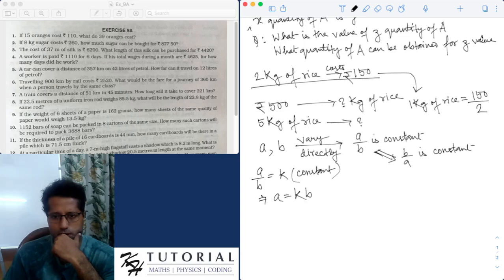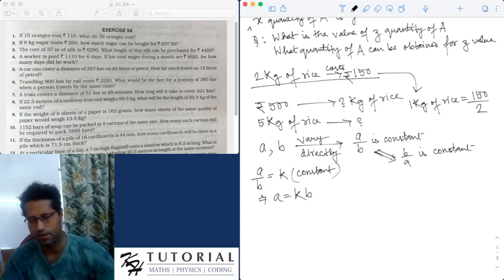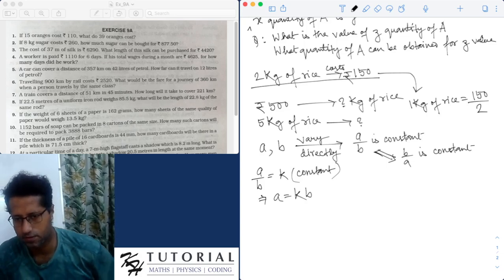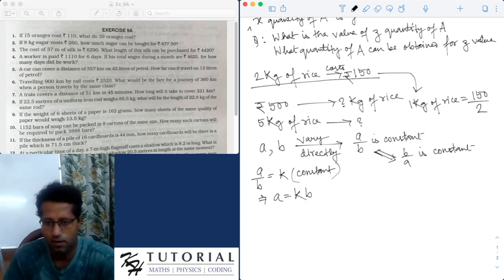If we consider A and B as the variables, if you increase B, definitely A will increase, because K is constant. K is not changing. So if you are increasing B, A is increasing, and if you are decreasing B, then A is also decreasing.